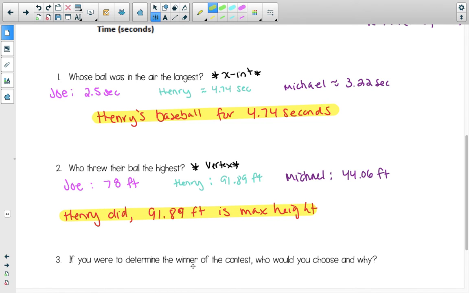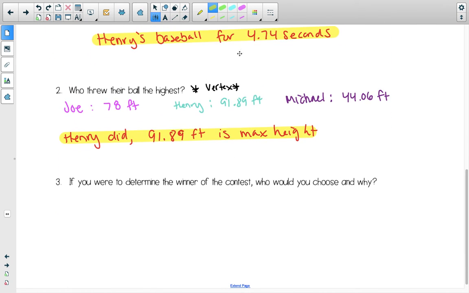If you were to determine the winner of the contest, who would you choose and why? Henry had the ball in the air the longest, so he threw it the furthest, and he also threw it the highest. So I would say that Henry is the clear winner.